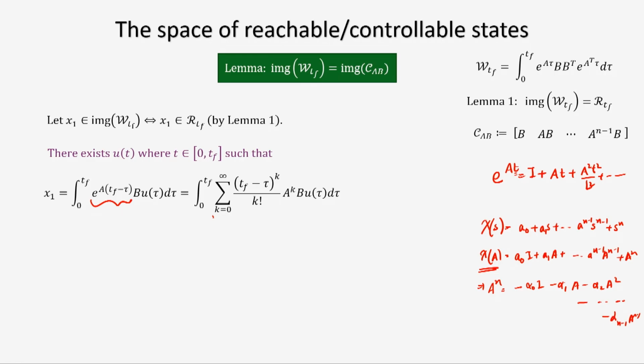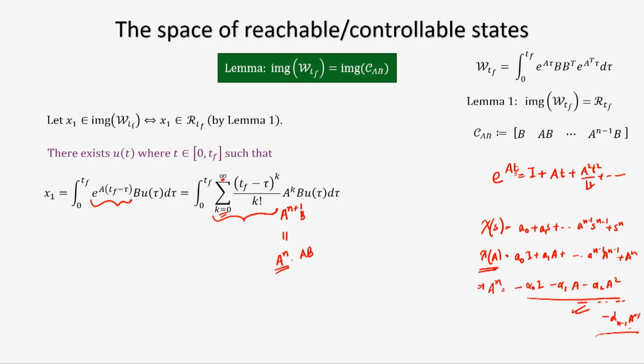Which means, notice in this expression, although k is going from 0 to infinity, at k equal to n, this becomes A to the power of n b, but A to the power of n b can be written again as linear combinations of I, A, A square up to A to the power of n minus 1. Similarly, if this was k equal to n plus 1, this would have become A to the power of n plus 1 b, but that can be written as A to the power of n into A b, and A to the power of n can again be written in this way.